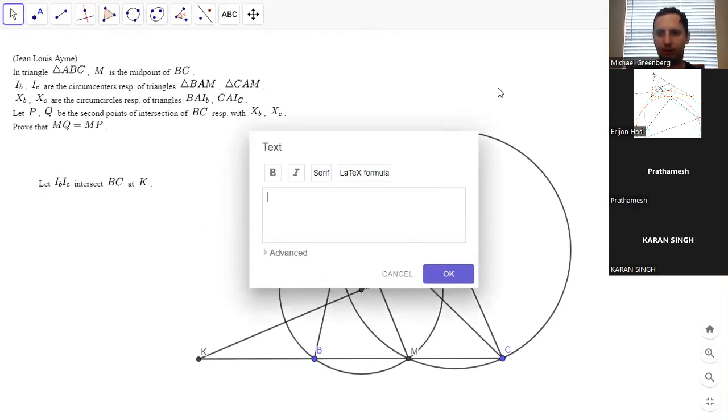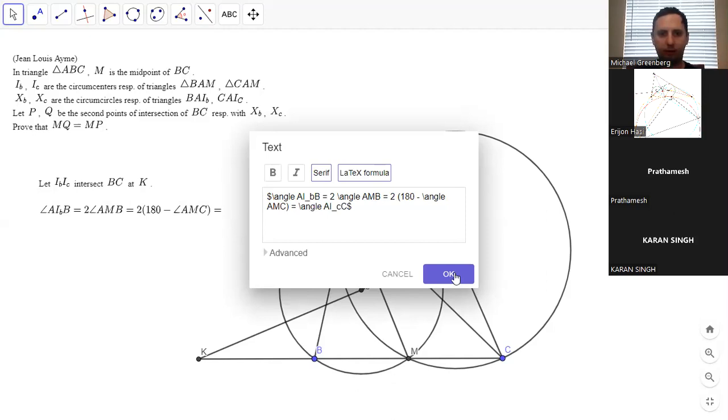Whoops, sorry about that. I tried to copy what Robbie put. It won't let me copy it. Okay, so you have angle AIBB is equal to twice angle AMB, which is 2 times 180 minus angle AMC, and that's angle AICC.